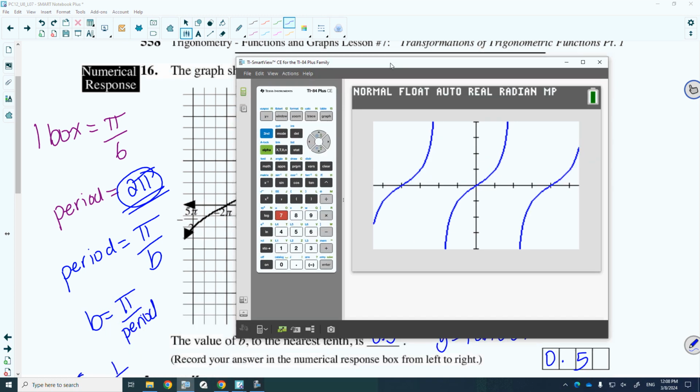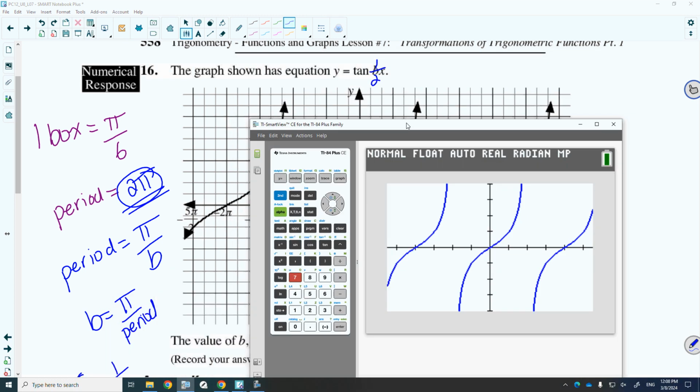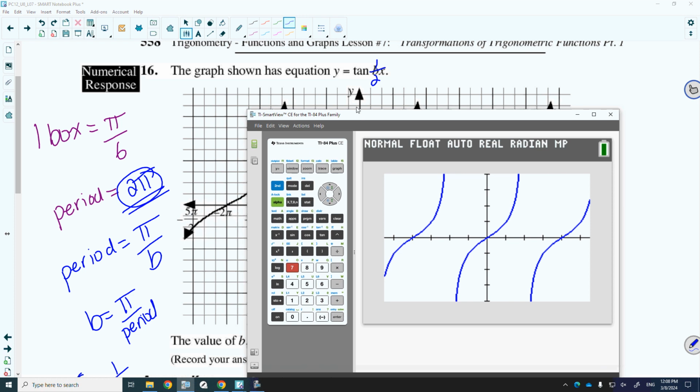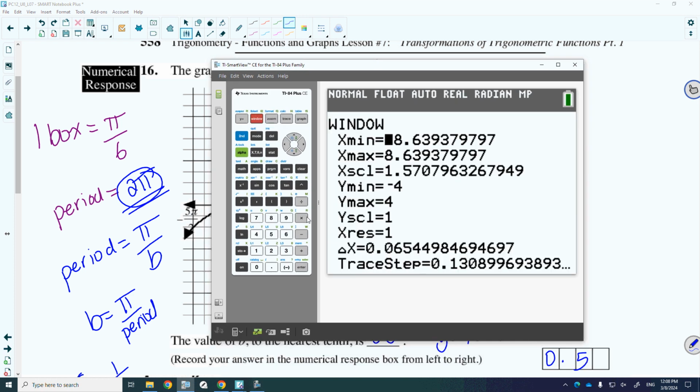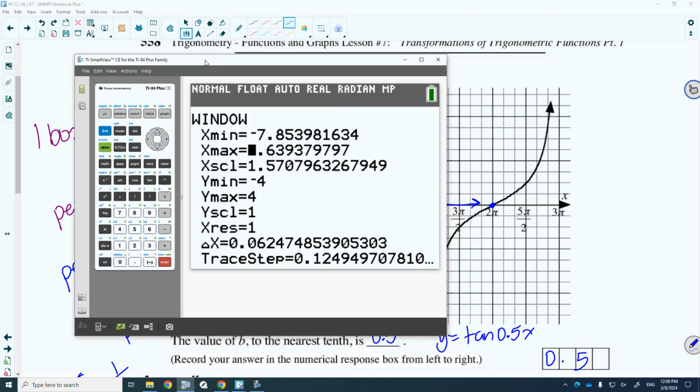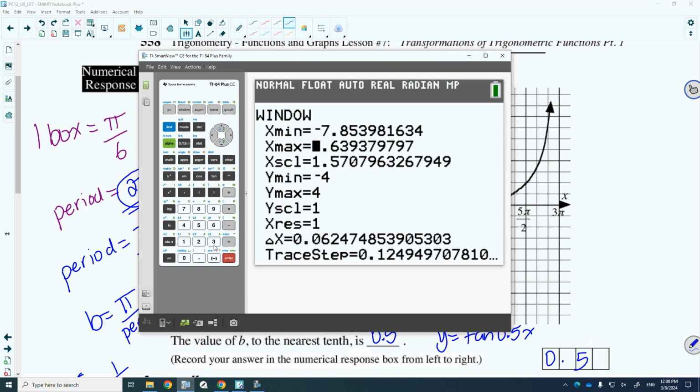So I want to change my window to, that looks like minus 5 pi over 2, all the way to 3 pi. And remember, one box we said was pi over 6, so that's my scale factor.